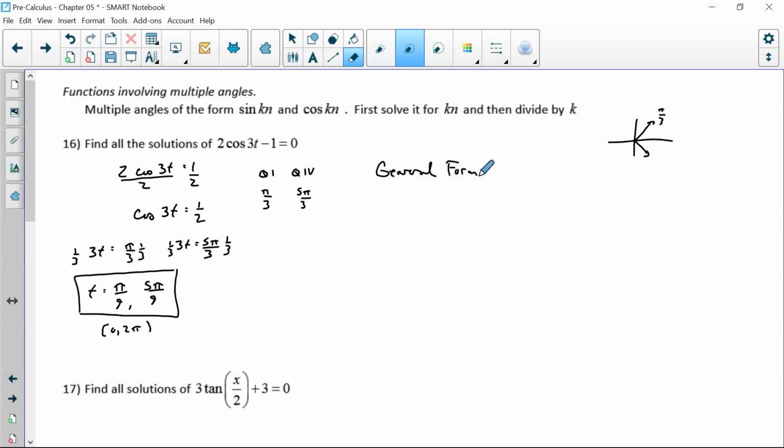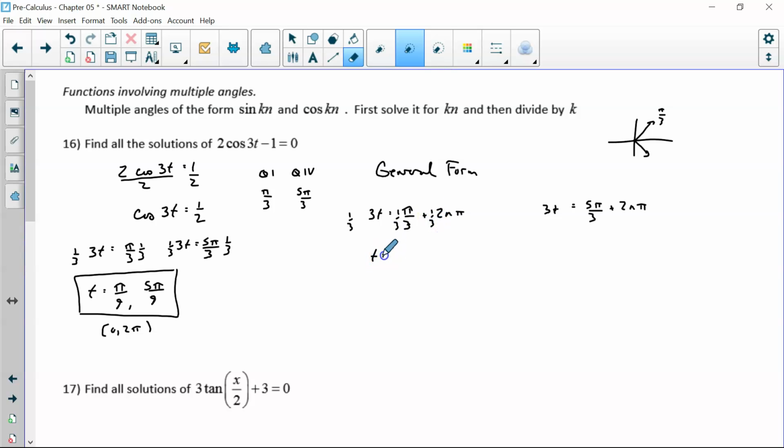Here, like I said, they're not separated nicely. So we're going back. 3t equals pi over 3 plus, to find the other solution, 2n pi. 3t equals 5 pi over 3 plus 2n pi. And just like we did the last time, multiply everything by 1/3.